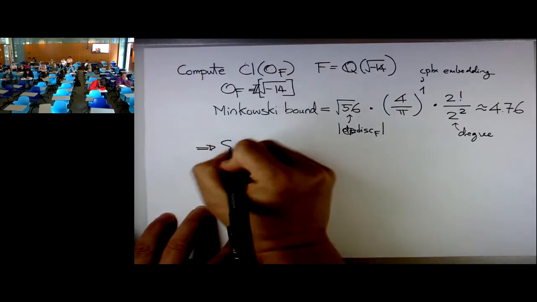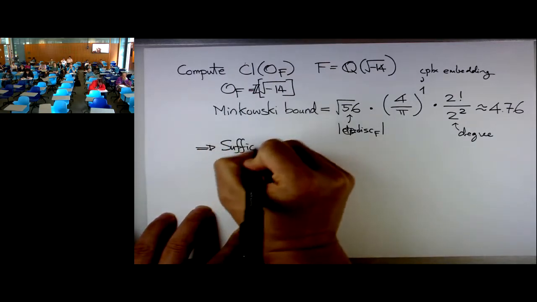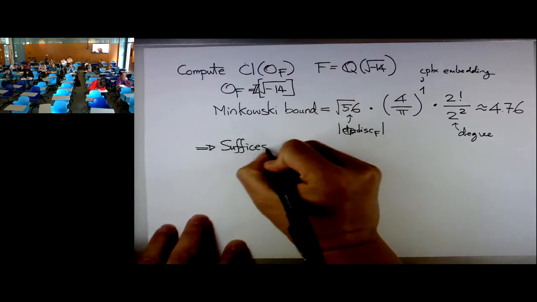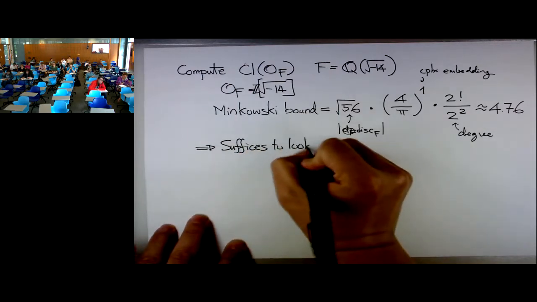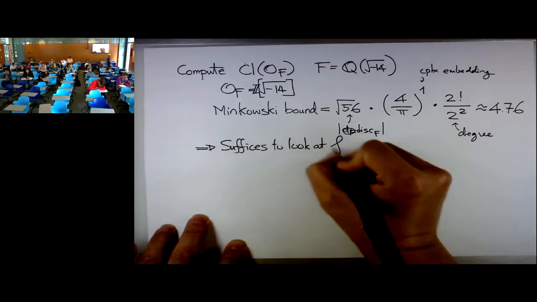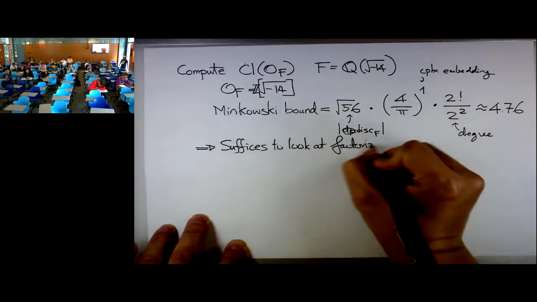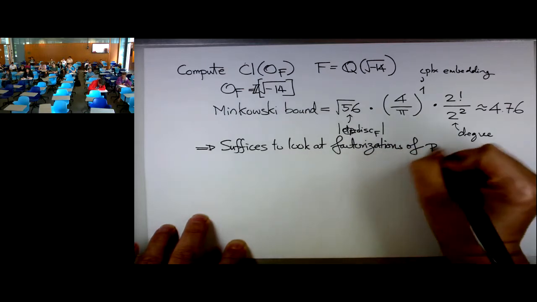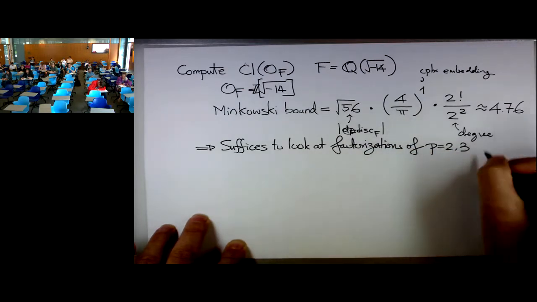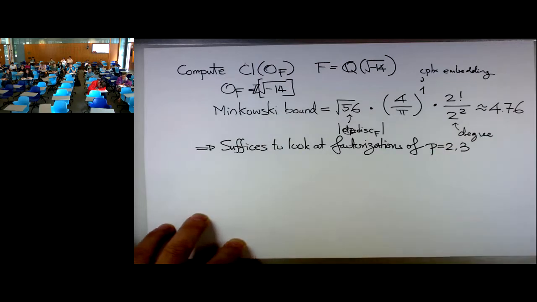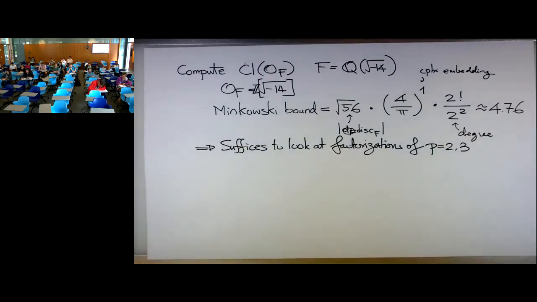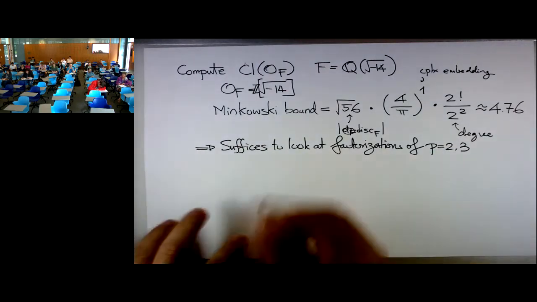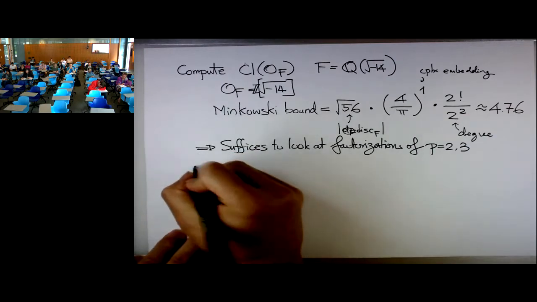So the result is it suffices to look at factorizations of primes equal to 2 and 3, or any number that's smaller than this one. 4 is 2 squared, so it doesn't really matter.